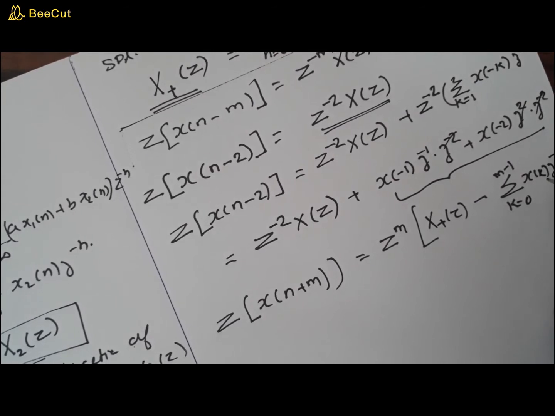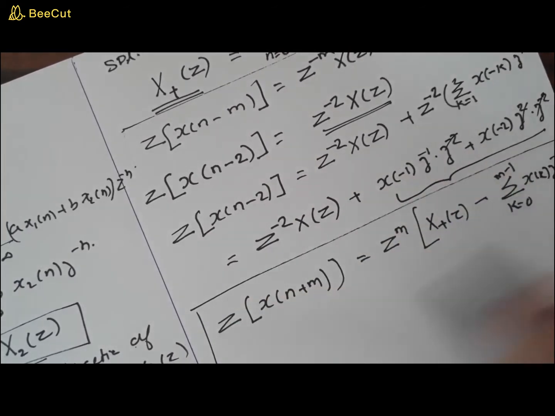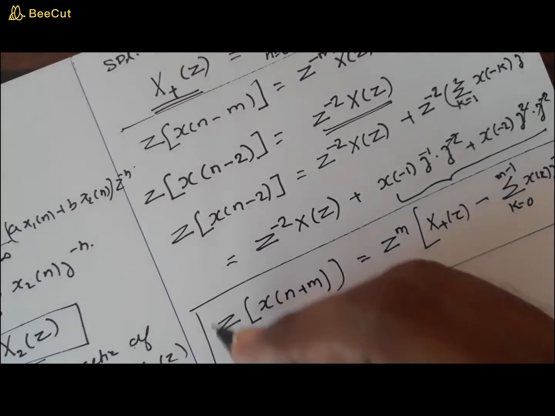Note that it is small x of k, not minus k, into z raised to minus k. So you may make a note of these two items.